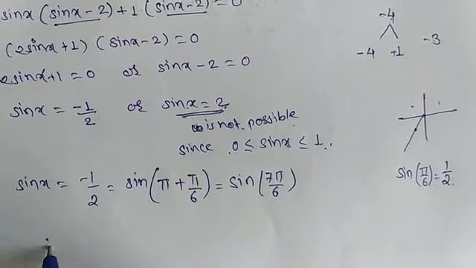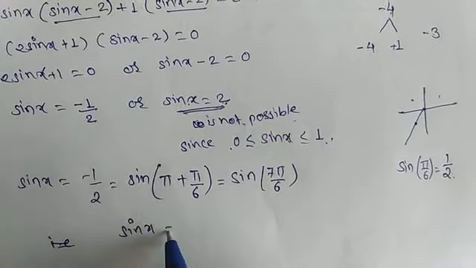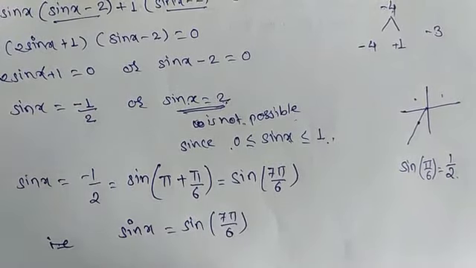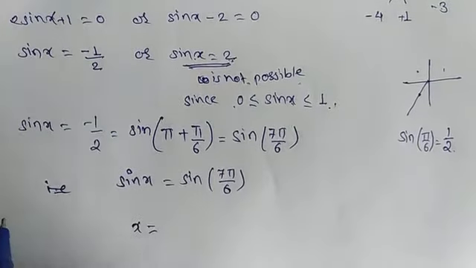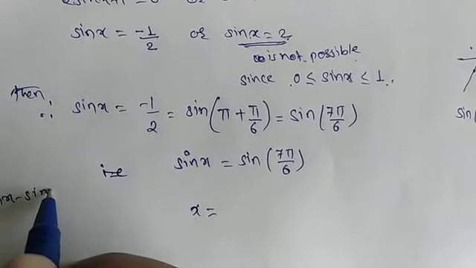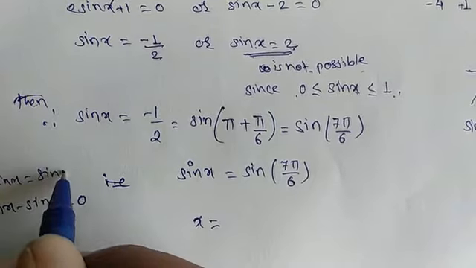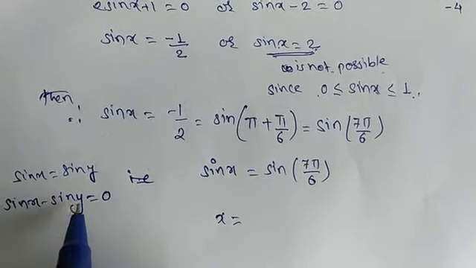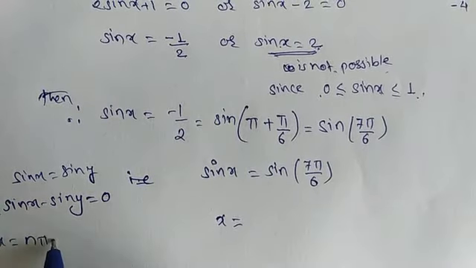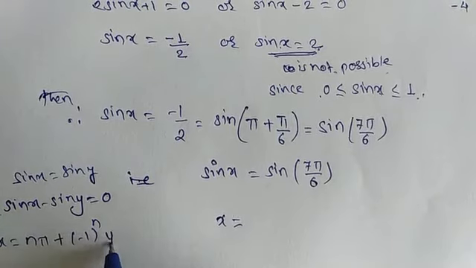So we can write sin x is equal to sin of 7π/6. That means x is equal to, so here we have studied the theorem sin x − sin y equal to 0, or sin x is equal to sin y, which gives x is equal to nπ + (−1)^n y.